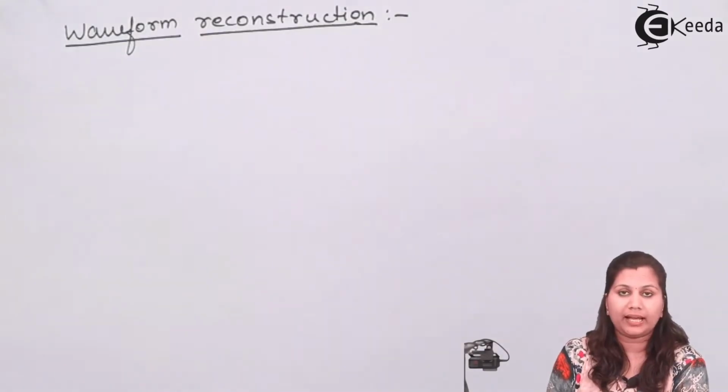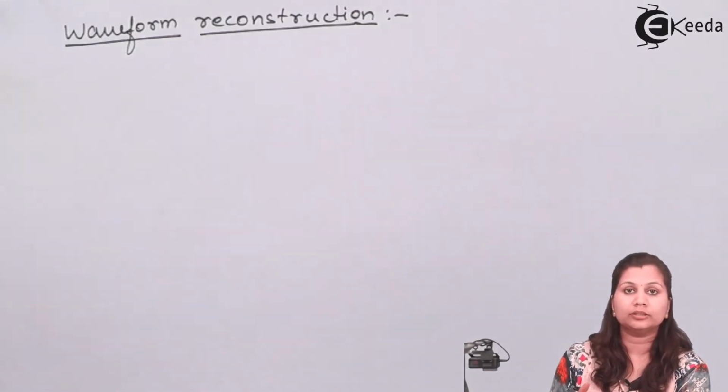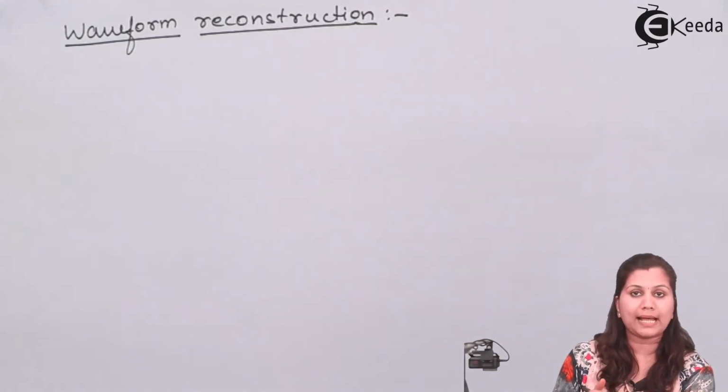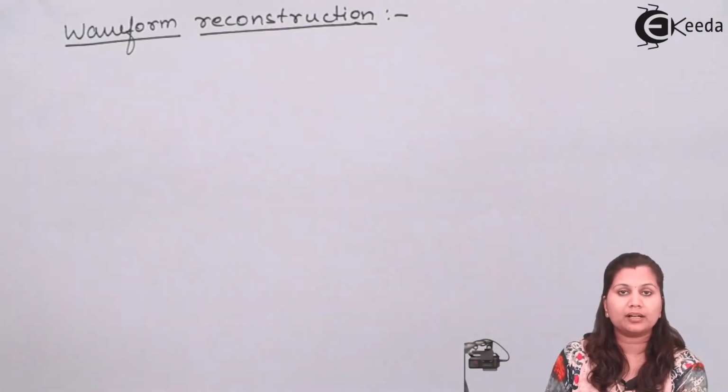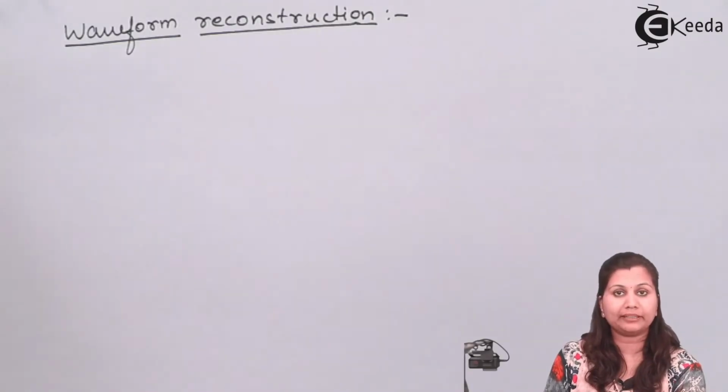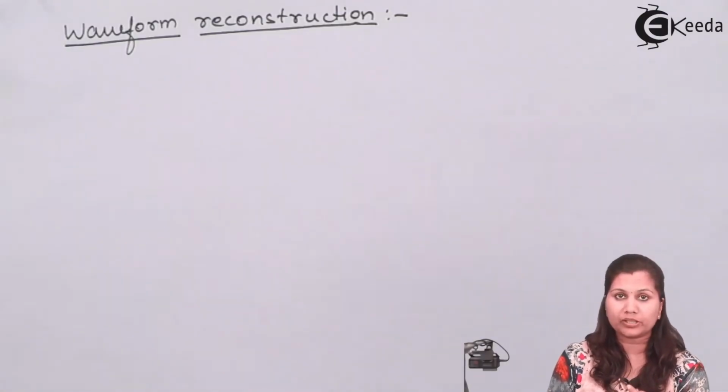Now, as we have studied, if we want proper sampling of the analog signal, we have to use the sampling theorem: our sampling rate should be at least greater than twice the highest frequency present in the input signal.